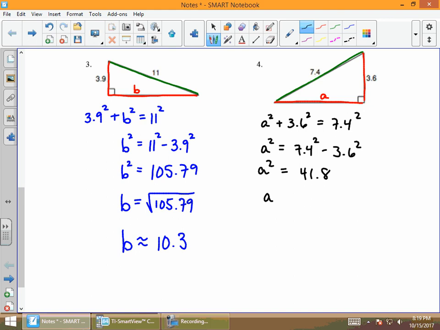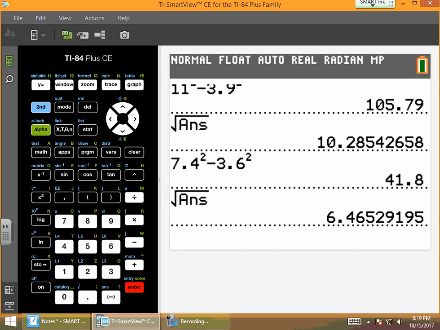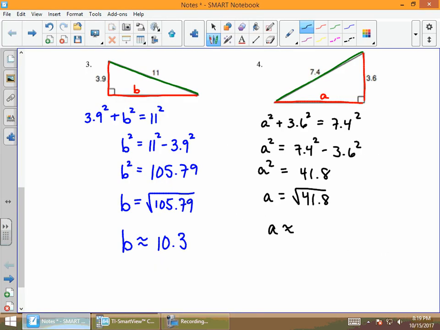So that means a is the square root of 41.8, which is going to be the approximate decimal. Get back to the calculator one more time. The square root of 41.8, I think that's right in there, is about 6.5. So a is about 6.5.